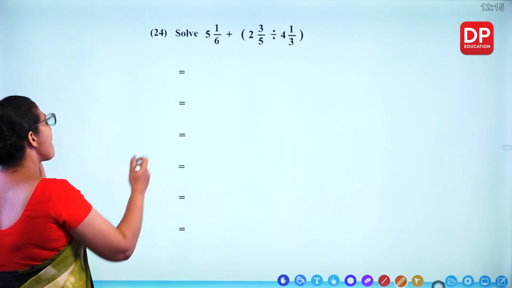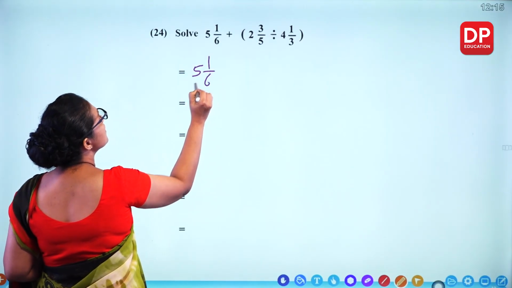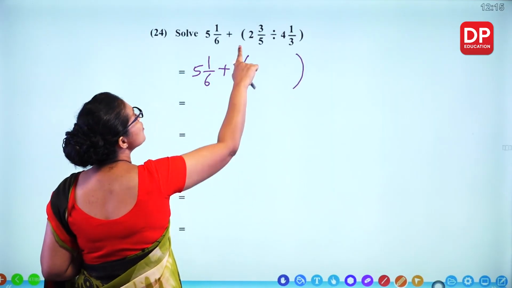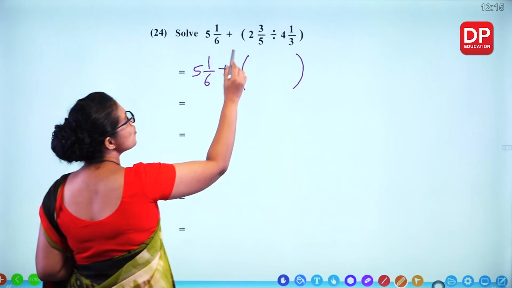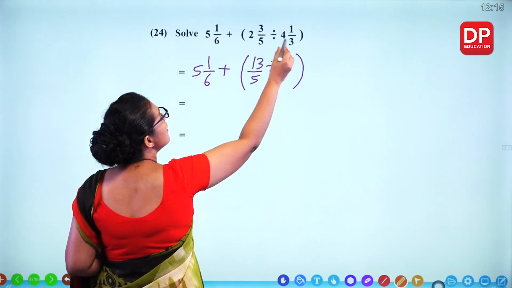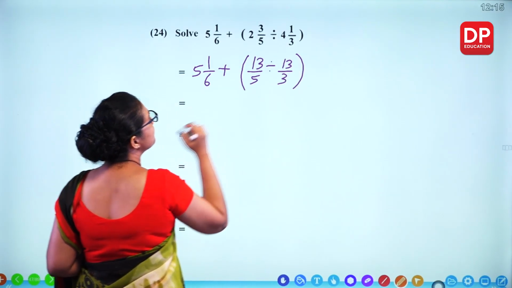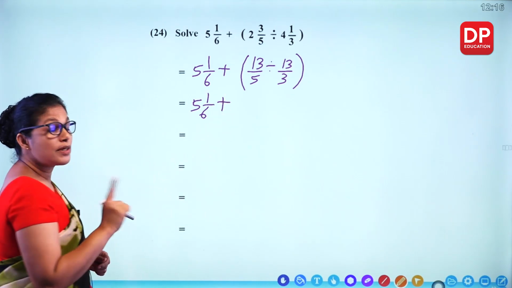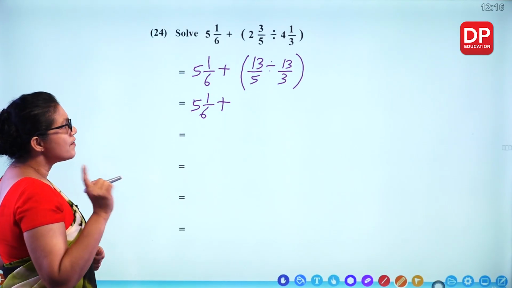This one, I can write 5 1/6. Now we'll do this one first. Convert to improper fractions. 5 times 2, 10. 13/5. 12 plus 1, 13/3. Now you need to convert to multiplication by taking the reciprocal.